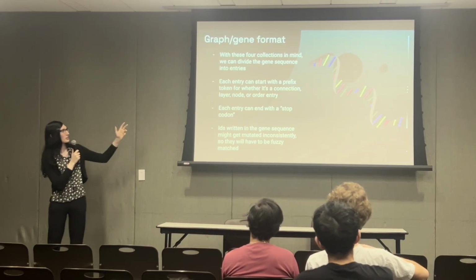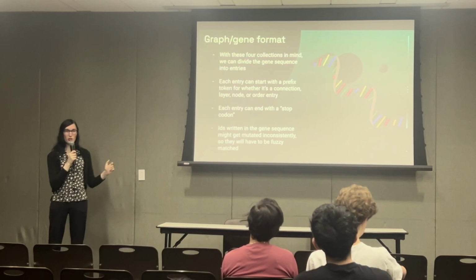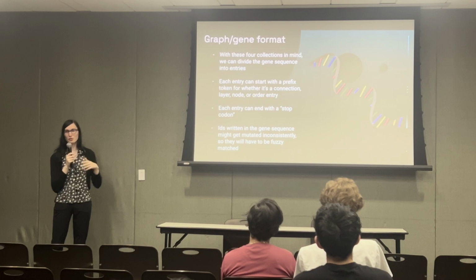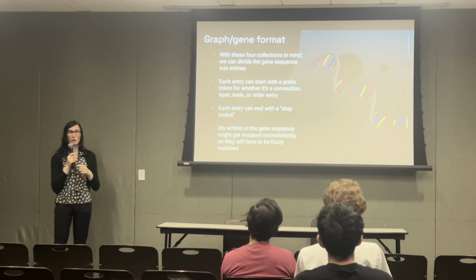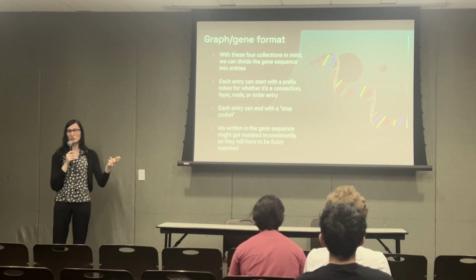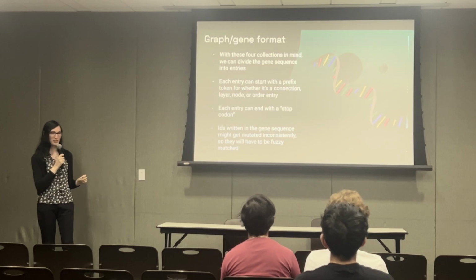So analogously, we have one of 4 types of start codons for whether this entry is a connection, layer, node, or order. And then we can have one type of stop codon that just ends the entry regardless of what it is.